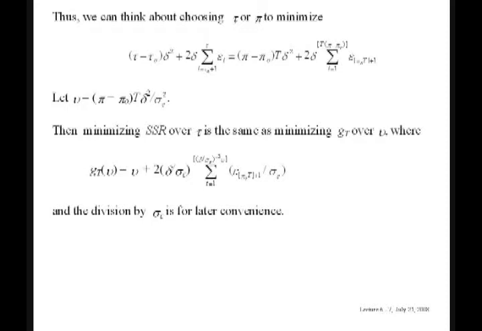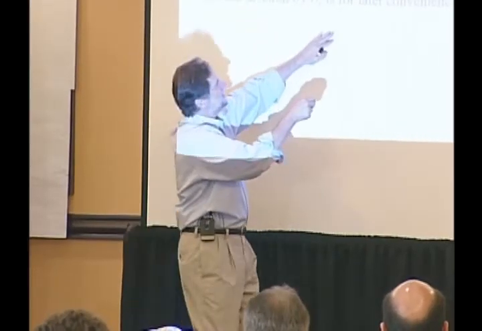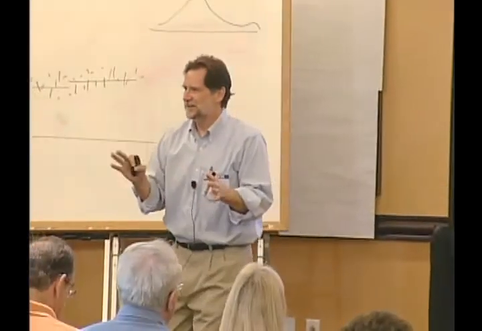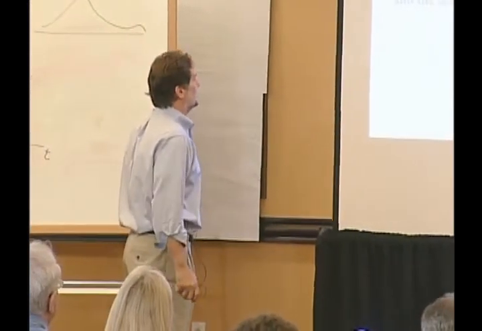And then I have 2 times delta, but I divided by sigma squared, so I really have delta over sigma epsilon. And then I have these epsilons divided by sigma epsilon. So these guys are going to have variance 1. That's why I did this.